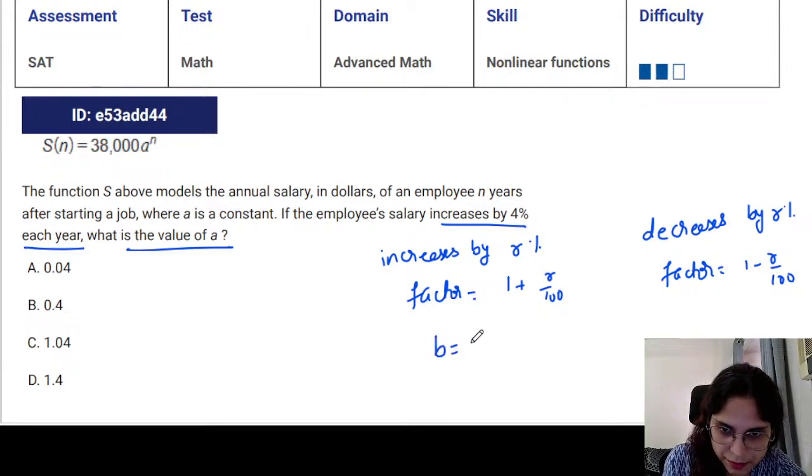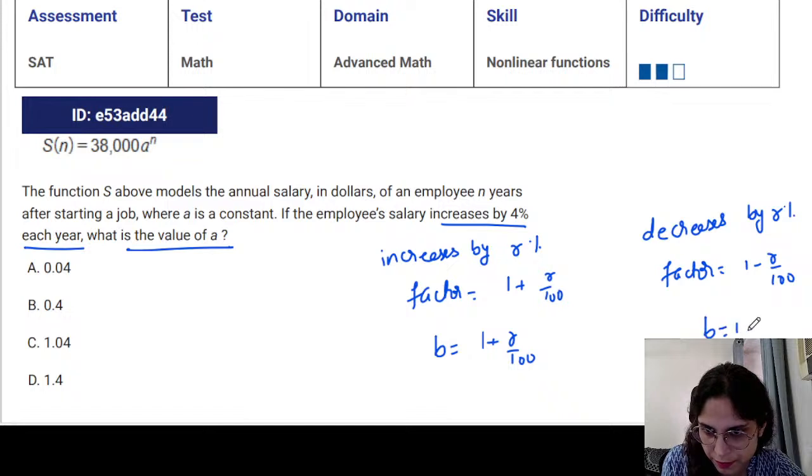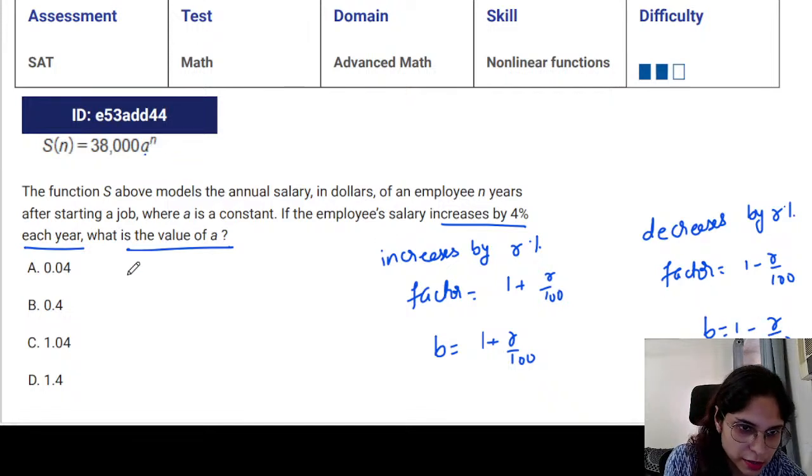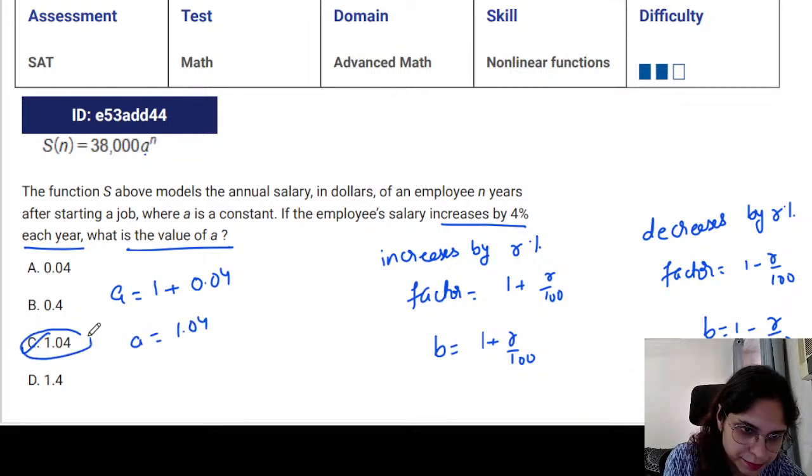Factor means b. In this case my factor is a, so a is going to be 1 plus 4%, which is 0.04, so my answer is 1.04. Got it?